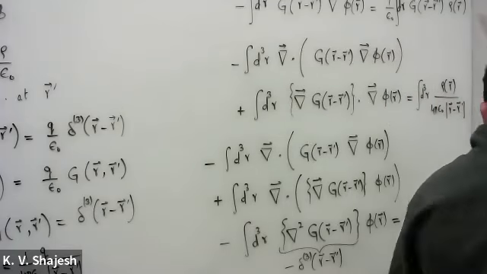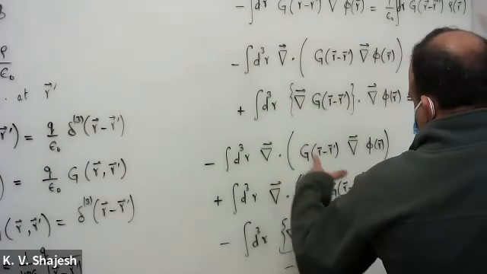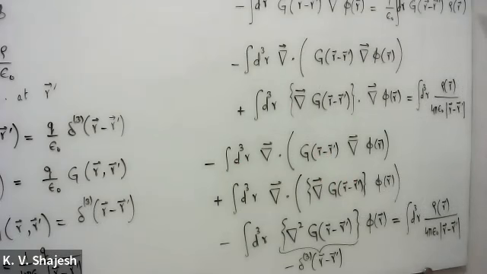That's these two terms, and these two terms I'll write on the right side. So this is plus the charge Q. It's only on the boundary. So it's G.